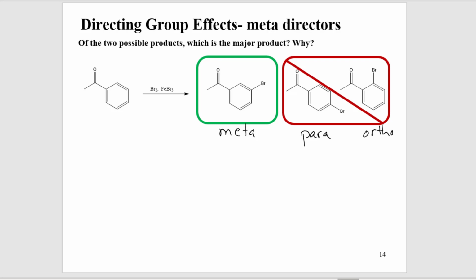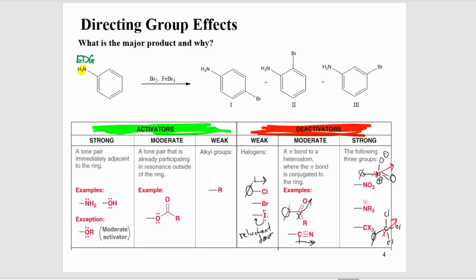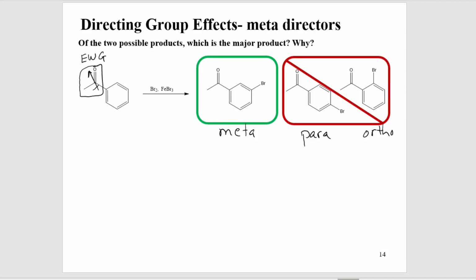So we look at our benzene ring and we determine that the group off of it, due to the dipole, is a strong withdrawing group, or moderate withdrawing group, however we had it listed here. We had it in the moderate category. Okay, but it's a withdrawing group.